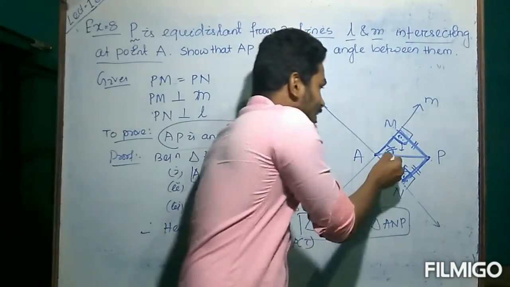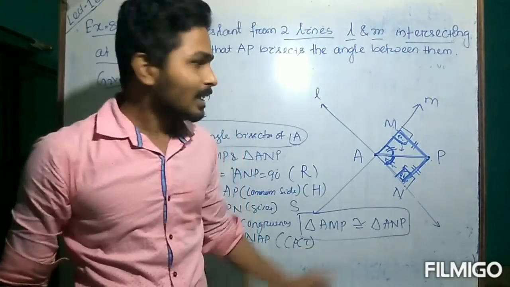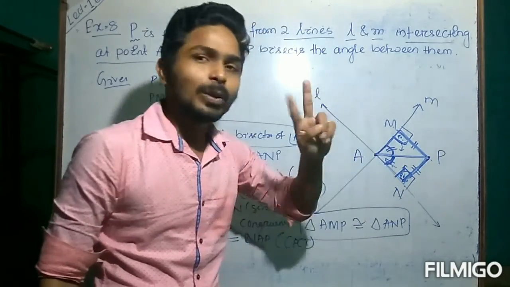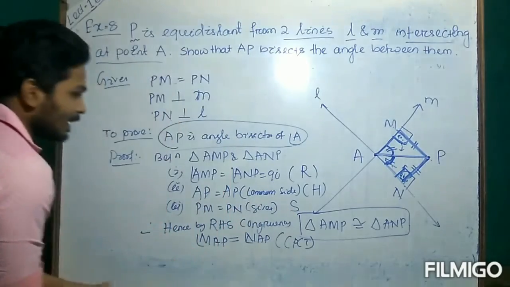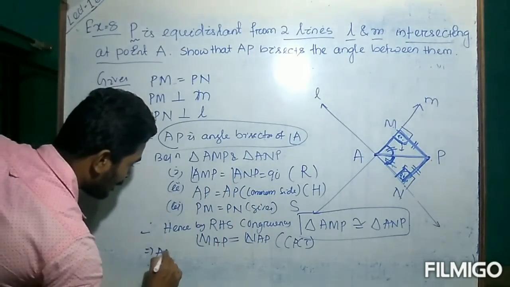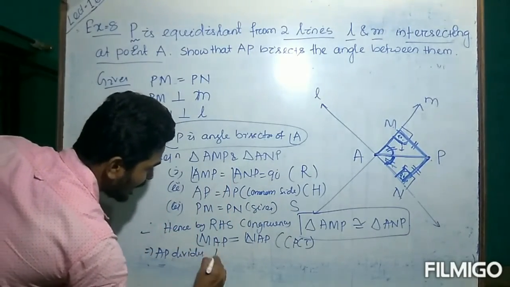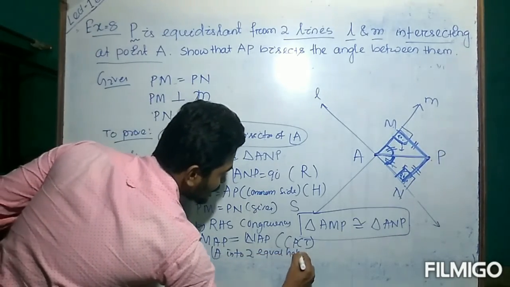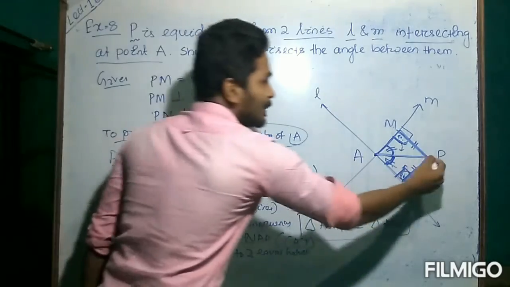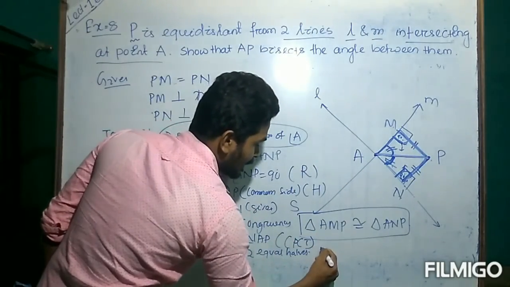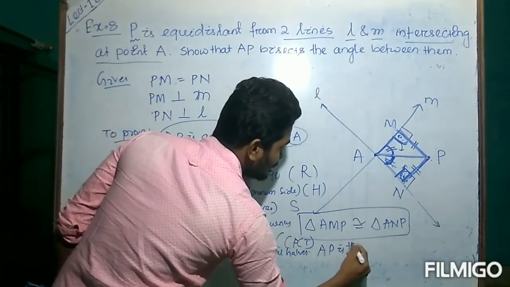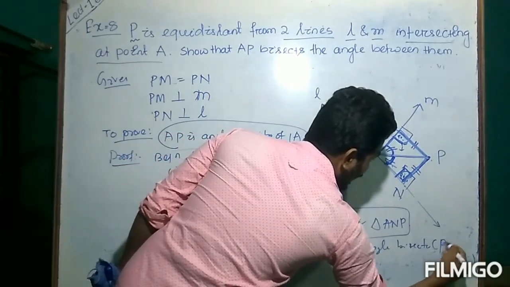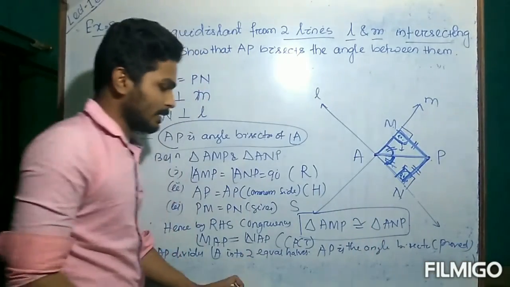So we have found that this angle is equal to this angle. It means AP divides the total angle A into two equal halves. Okay? It means AP divides angle A into two equal halves. Or you can write AP is the angle bisector. And now it is proved. Understood?